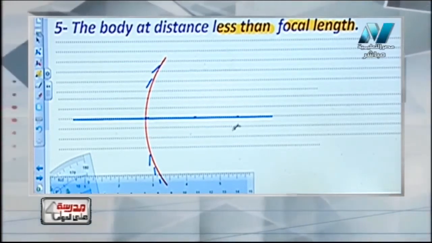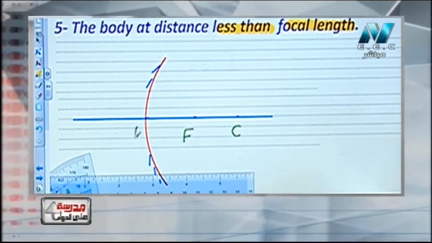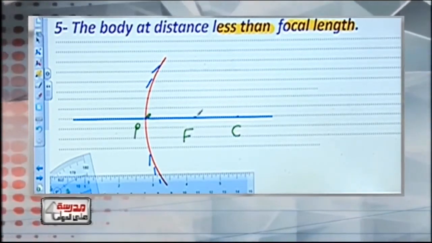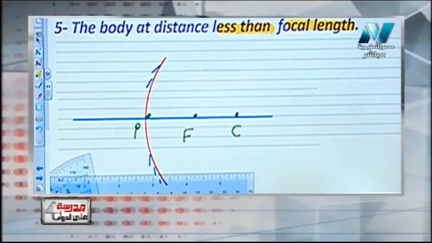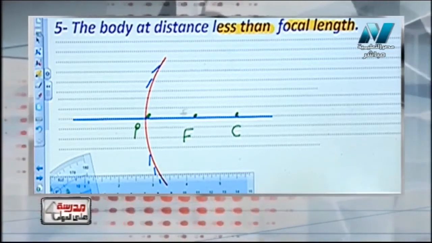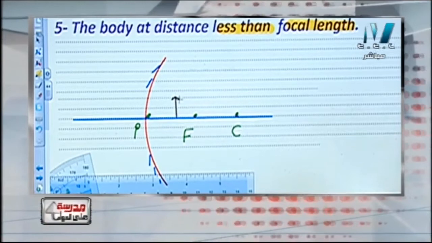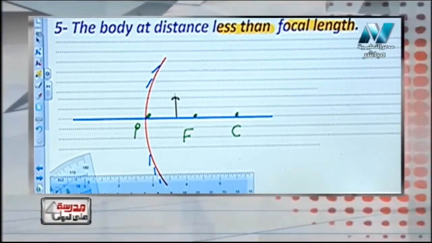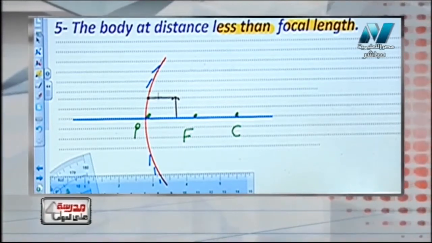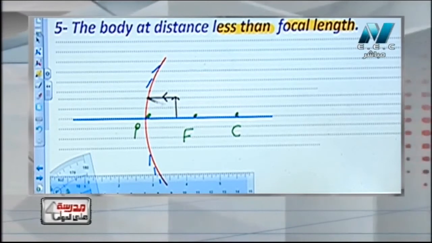C, F, and P. Object is here. مكانه فين؟ Between F and P, distance less than focal length. So if the focus is behind the object, we should use rule number 3. Rule number 1, light ray parallel to the principal axis, it will reflect through focus, as we see.